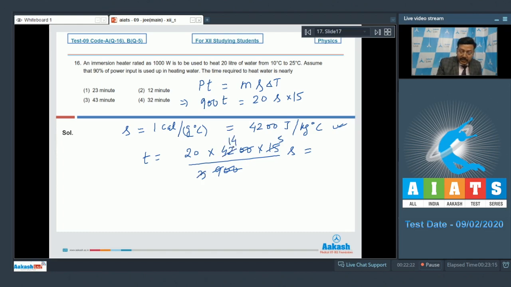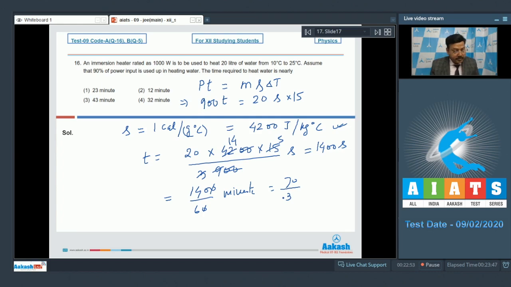Here we get 14. So this in the numerator, now we are left with 70 into 20. That means 1400 second. We have to find the time in minutes. So this 1400 second is 1400 divided by 60 minute now. And further it is coming out to be 70 by 3 minutes.